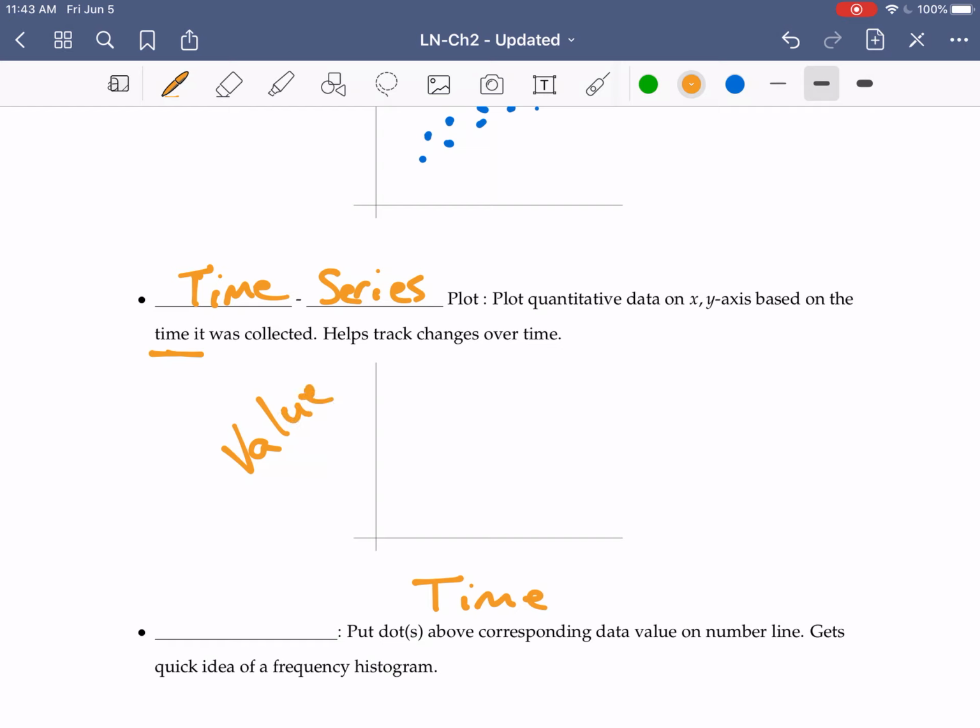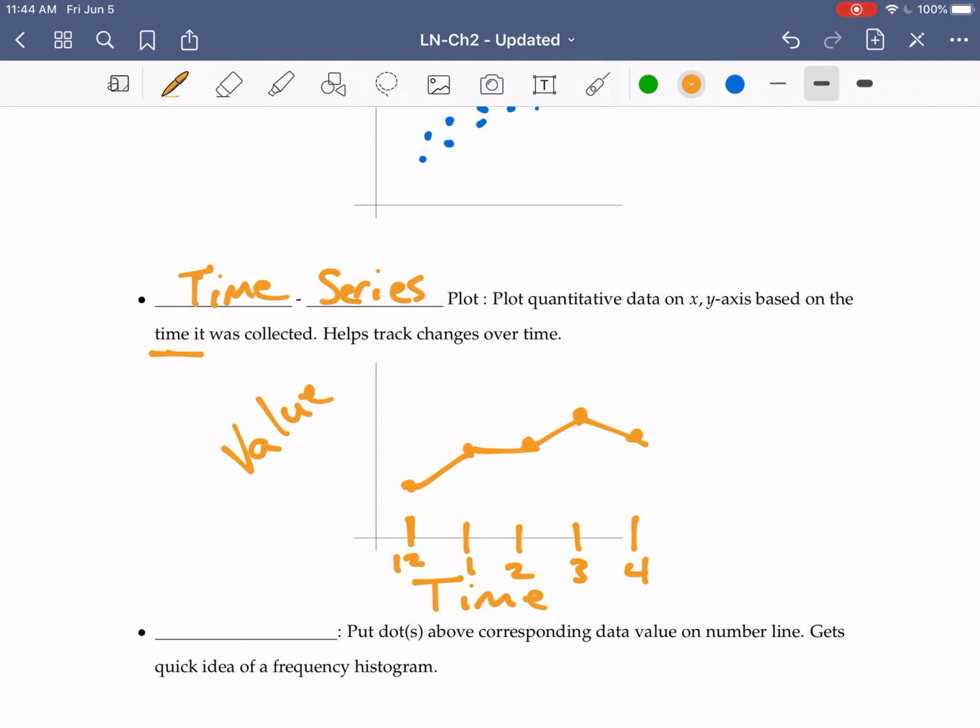So you could have like 12, 1, 2, 3, 4, and you just have your values at each of those times. So we can see how those values changed over time.